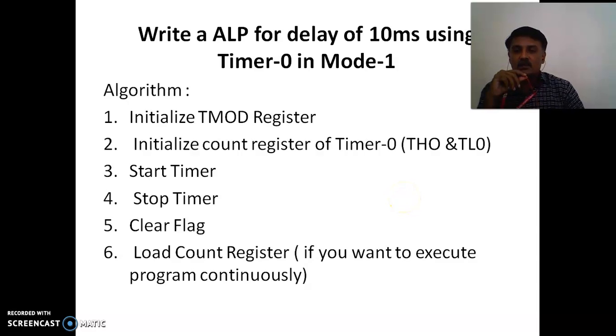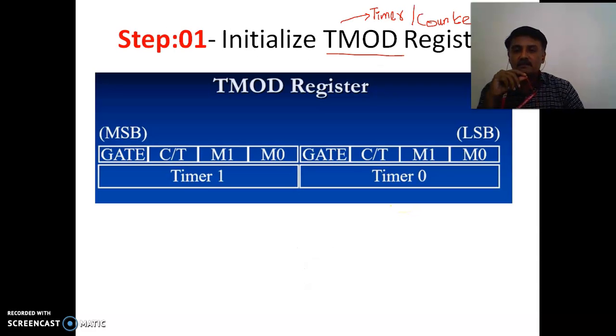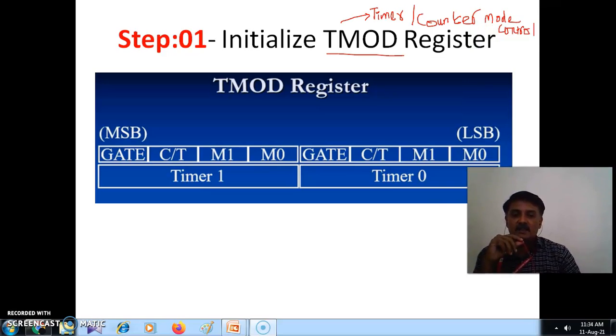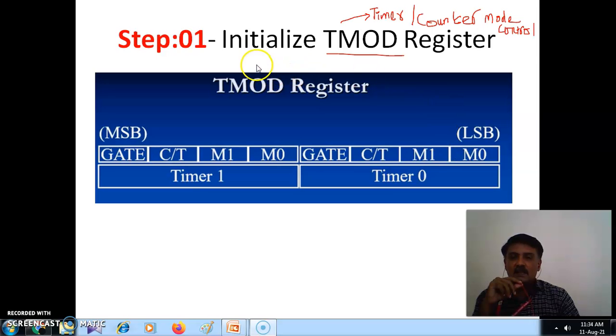Okay, moving on to the next slide. Step 1. As per the algorithm we have designed, the first step is initializing the TMOD register, the timer and counter mode control register. Here we have two parts. As you can see in the picture, we have LSB and MSB, timer 0 and timer 1.